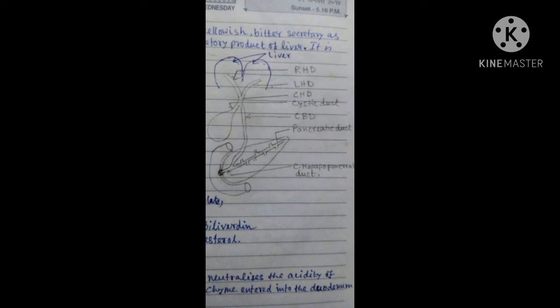Watch the diagram carefully. You will find alpha cells, delta cells and beta cells.